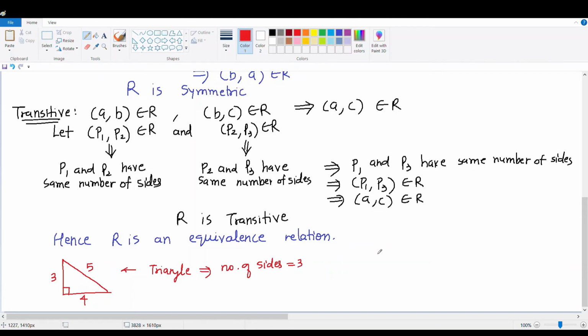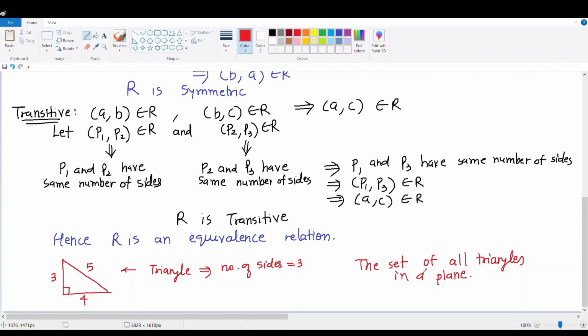So the set of all the elements in A is going to be what? All the triangles, right? So answer is what? The set of all triangles in a plane or any triangle that you can think of. Every triangle in a plane is going to be related to this triangle.